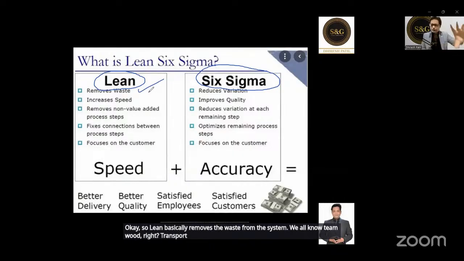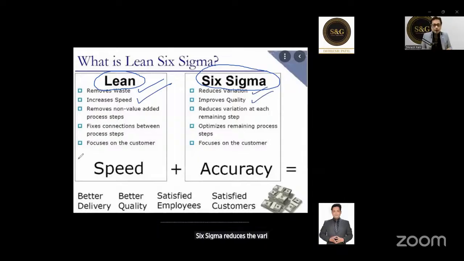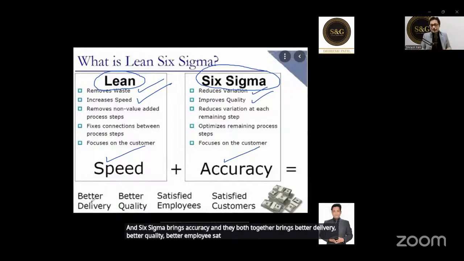Transportation, inventory, motion, which we are going to discuss in detail. And then Lean increases the speed of the process. On the other side, Six Sigma reduces the variation and improves the quality. So Lean brings speed and Six Sigma brings accuracy, and together they bring better delivery, better quality, better employee satisfaction, and better customer satisfaction, which brings profitability to the organization.